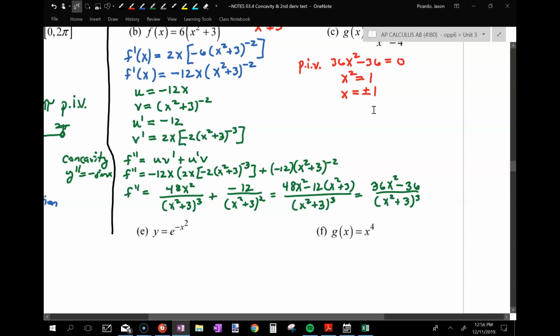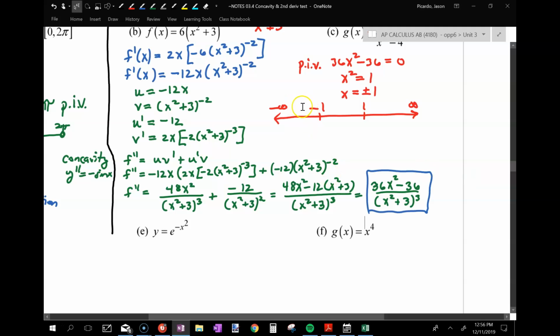possible inflection values. What do I need to do? Well, I got to make sure that there were changes in concavity, right? Because if they weren't, there's no inflection points. So let's check out our concavity. And I'm using this to plug into, right?